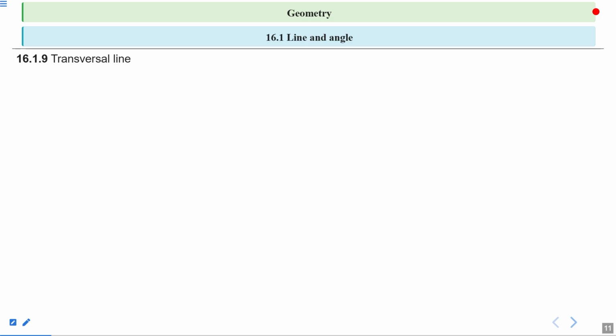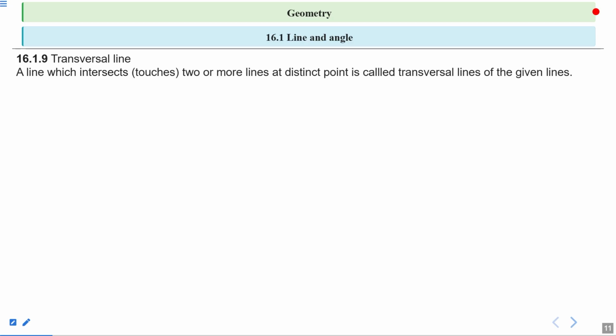Transversal line. A line which touches two or more lines at distinct points is called a transversal line of the given lines. For example, AB and CD are parallel lines and EF cuts these lines at two different points, so this line is called a transversal line.